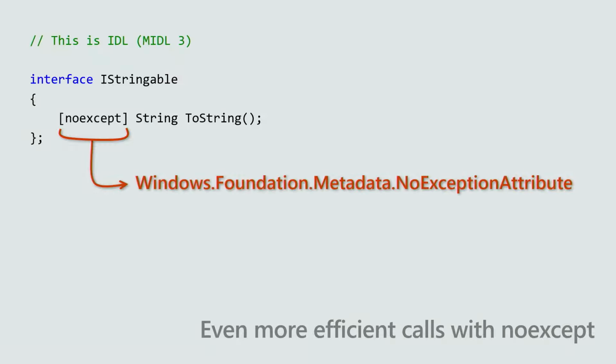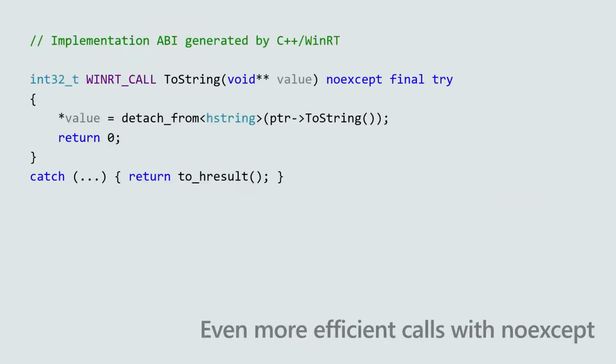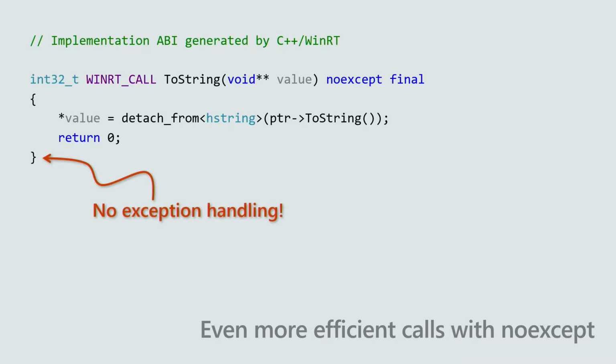And so that gets baked into the WinMD, and then C++/WinRT itself can light up extra code gen on your behalf. So the first thing we do with this implementation ABI is we literally just scrap the catch handler. That goes away. And you're left with a very efficient ABI implementation. There's no more exception handling.